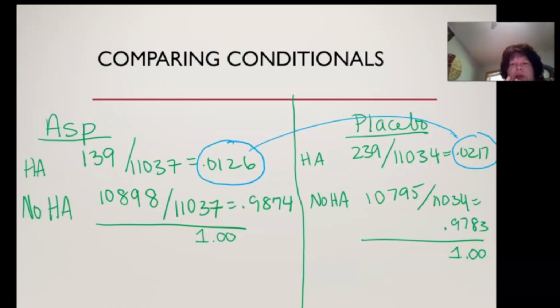So it looks like aspirin is having an effect here, because the placebo group had almost twice as many heart attacks as the aspirin group. Now, they're both small, but that still counts. And we will show you how you can make a statistic to show how much different they really are.